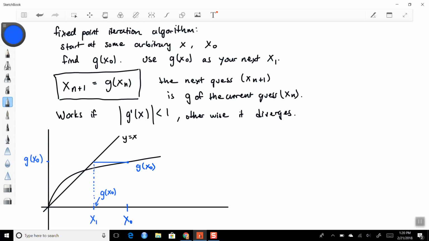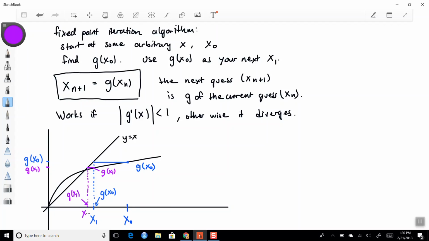And then if I calculate what is x sub 1 at this location, I'll use a different color here, then this location right here is g at x sub 1. And basically I come across to here, and this location is g of x sub 1.